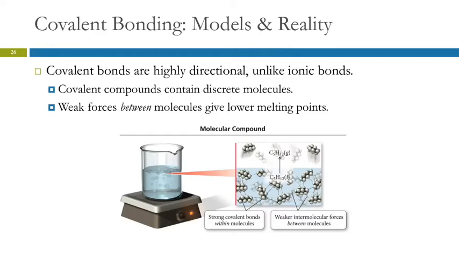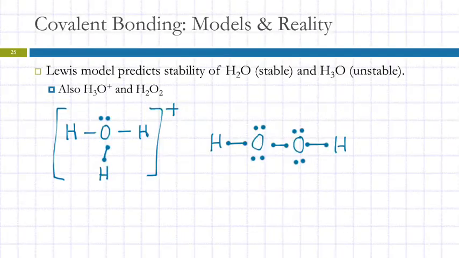So does the model work with things we observe? So covalent bonds, let's just go back here real quick. This covalent bond between hydrogen and oxygen is very directional. These electrons that are shared between hydrogen and oxygen are going to be between the hydrogen and the oxygen.